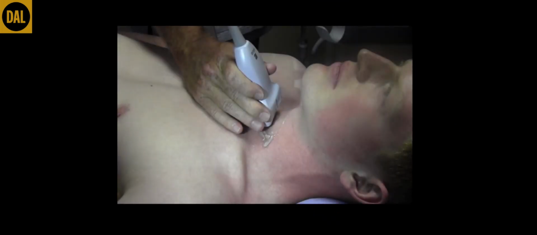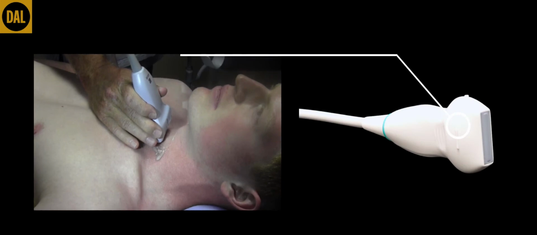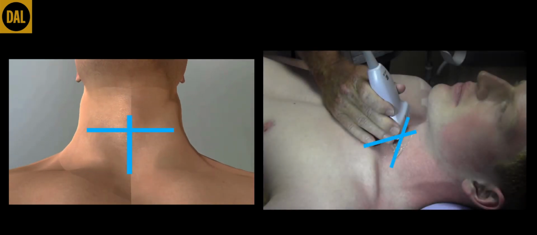In this video, we will be doing a scan of the anterior neck. For this scan, we will be using the high-frequency linear transducer. This scan is obtained by placing the transducer in the transverse plane in the midline of the lower third of the anterior neck.